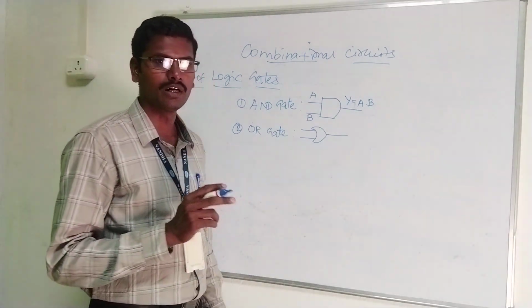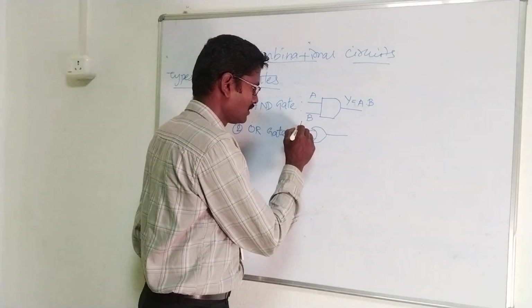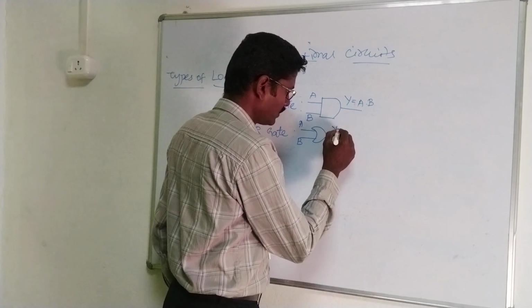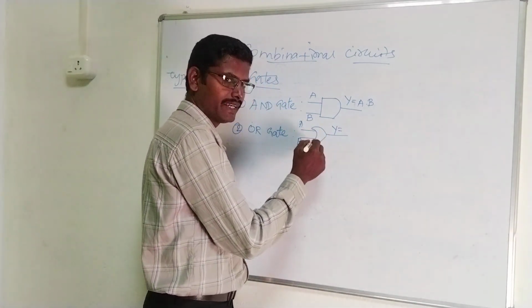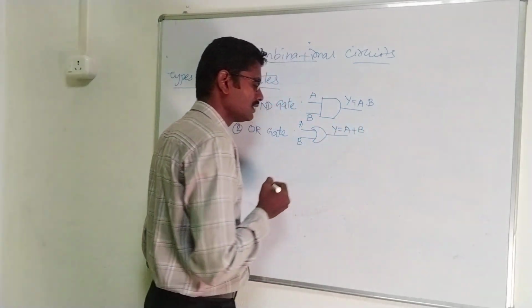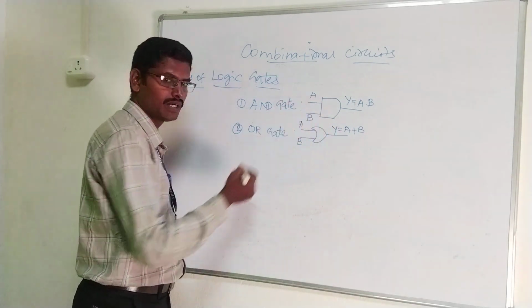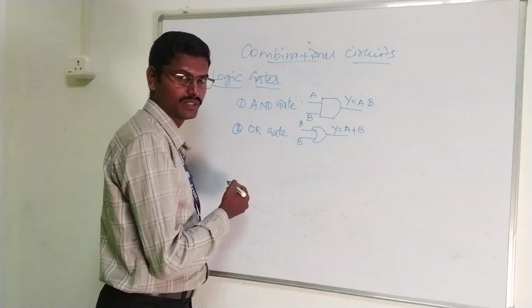But the output is always one single output for the gates. Here for the OR gate, the input is A and B, and the operation of this OR gate is Y is equal to A plus B. This is addition. So AND is multiplication and OR is addition.